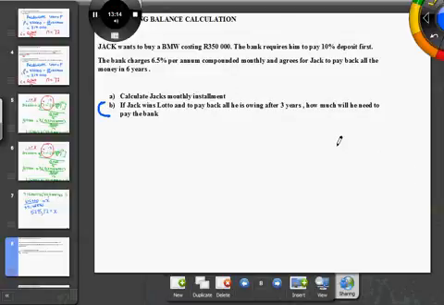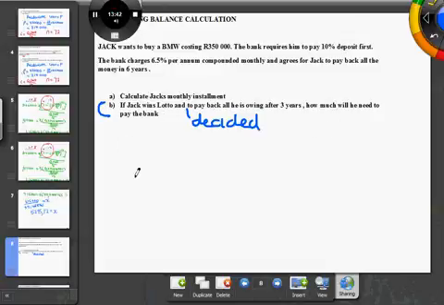I think there's a mistake. And wins Lotto and decided to pay back all he is owing after 3 years. How much will he need to pay back the bank?